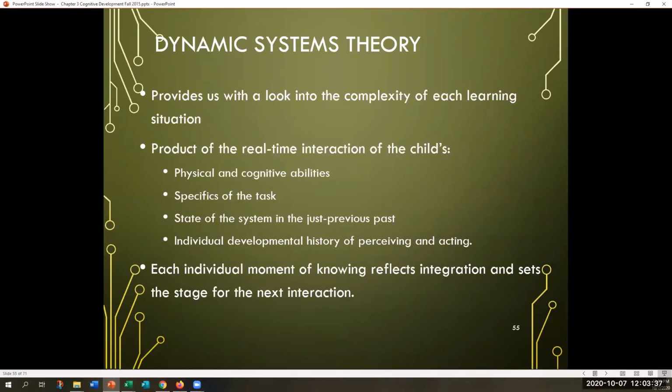So it is the emerging product of real-time interactions, and the real-time interactions that are occurring are going to affect the child's cognitive development. Physically, how are they developing physically?